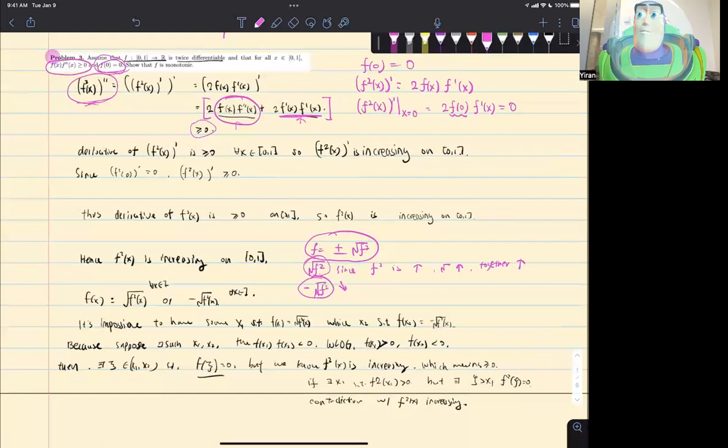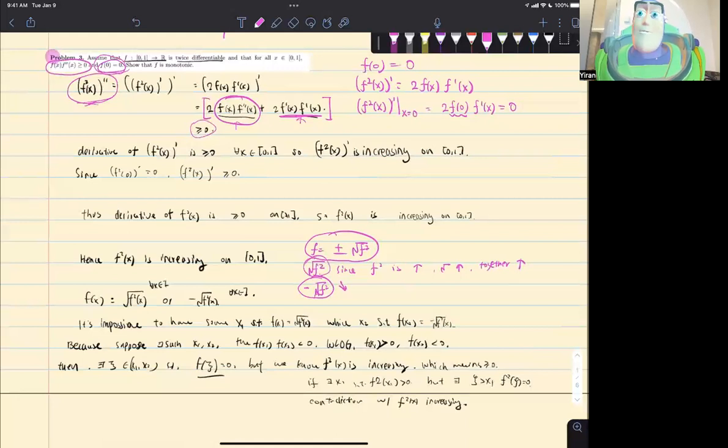On the other hand, the negative of a monotonic function is still monotonic. So no matter whether f is equal to the positive or negative square root of f squared, f is going to be monotonic.